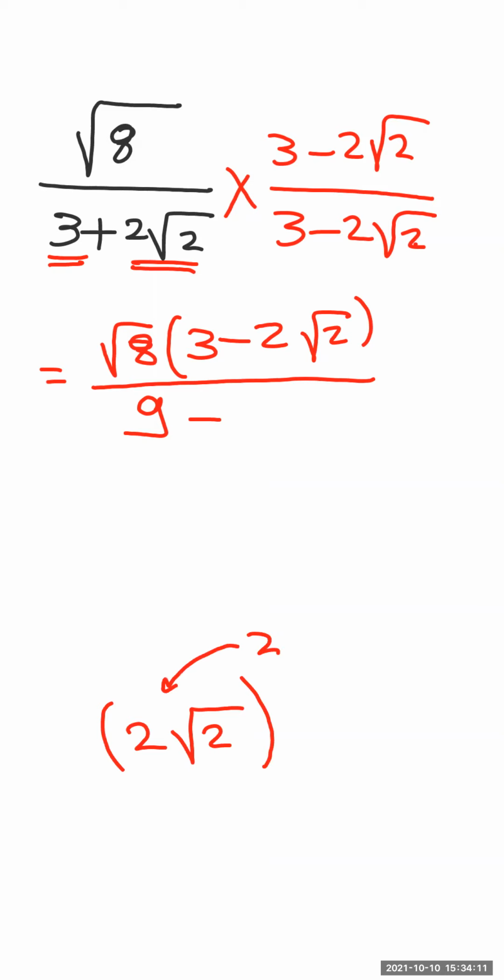So distribute the power. 2 squared means 4 times square root of 2 squared means 2, so 8. So 9 minus 8 equal 1. So the denominator will become 1.